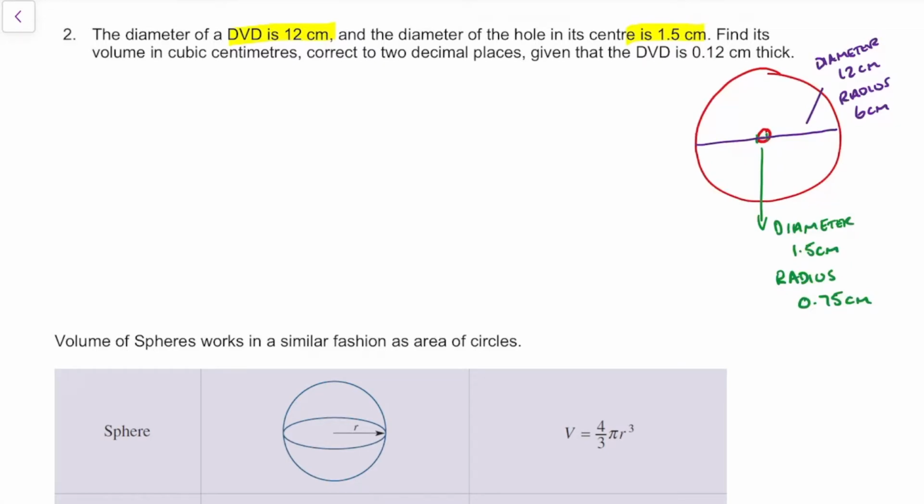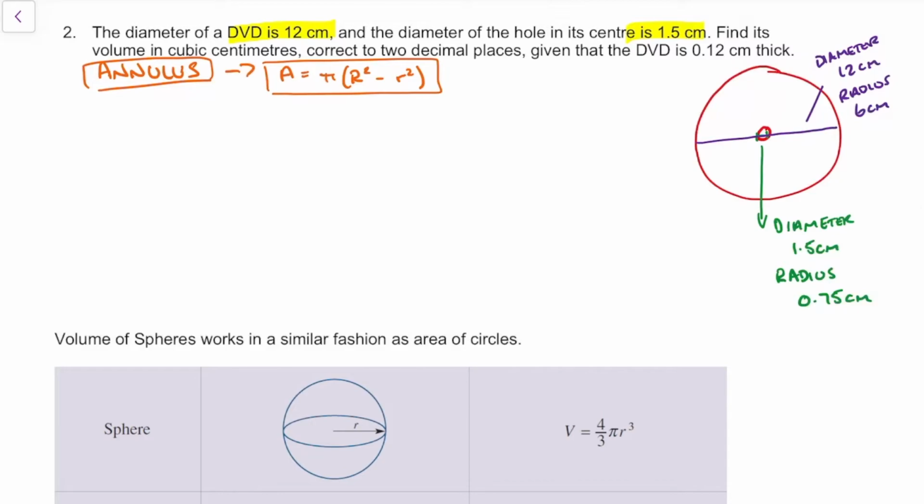Okay, so this one, we're not really using a circle as such this time. This one's actually the annulus shape. That's that ring shape that we've spoken about in previous videos. So the formula for this one, for that face, that cross section, is as shown there in that ugly orange color.